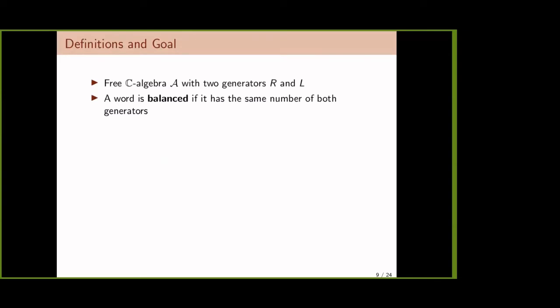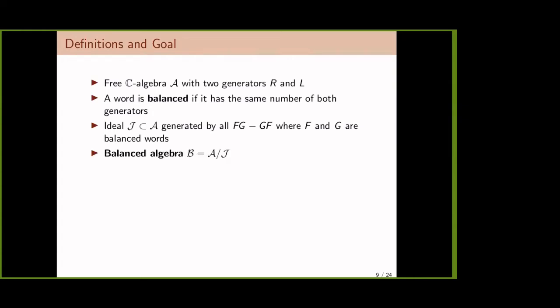So as I said, a word is balanced if it has the same number of both generators. And now I consider the ideal J, which is generated by all fg minus gf, where f and g are any 2 balanced words. And basically, the balanced algebra is a quotient by this ideal.